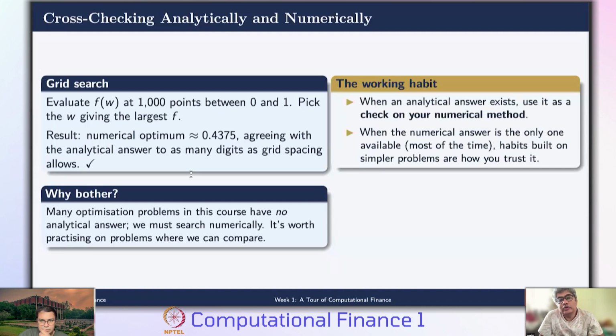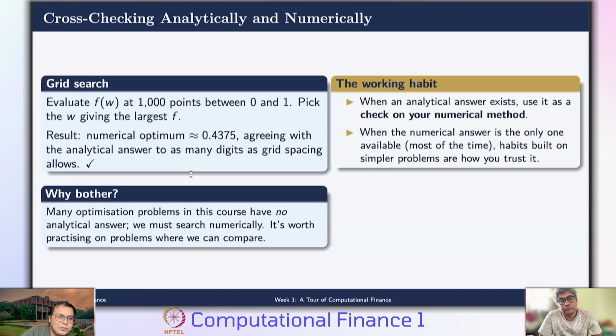And you should go for a numerical solution only when you do not have an analytical solution. That is a rule of thumb I always follow, and many of my colleagues have told me the same.